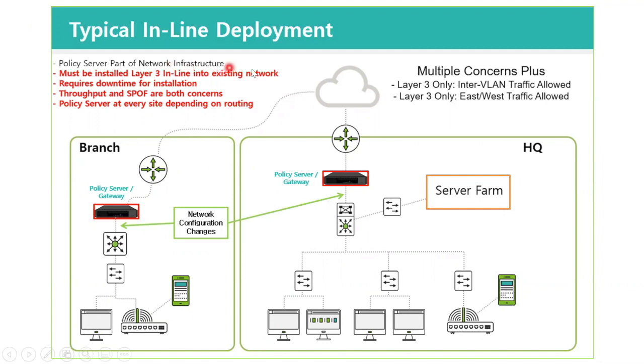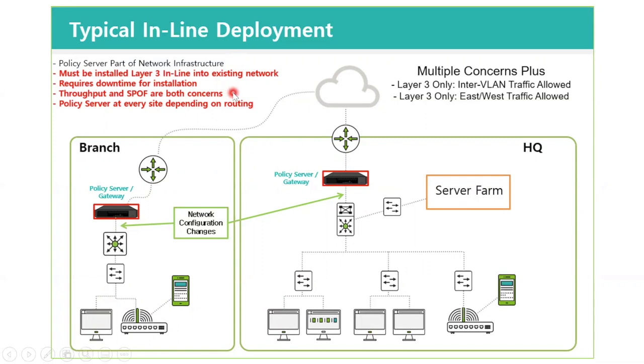Now your actual policy server or gateway becomes part of the network infrastructure. That means it's going to be installed, typically layer 3 inline into the existing network somewhere, normally at a choke point or an aggregation point. That now means you have to require downtime and schedule that to actually insert this device into your network.